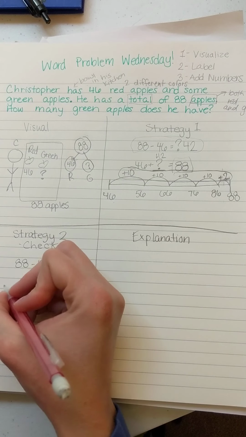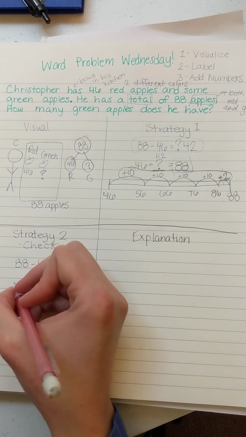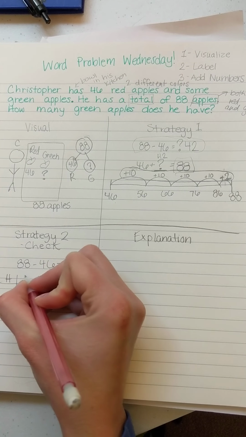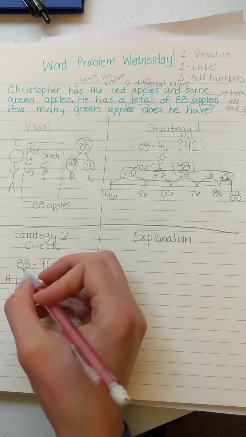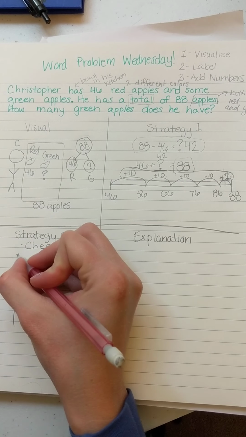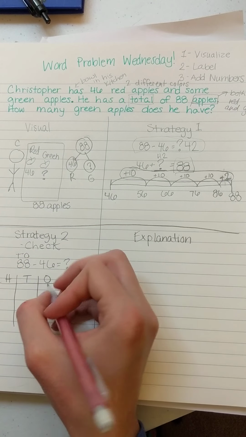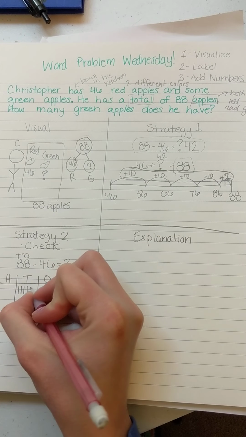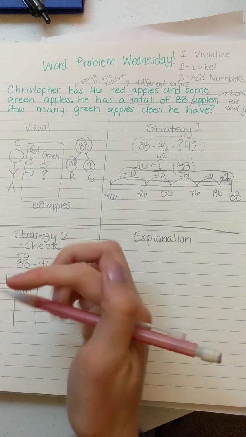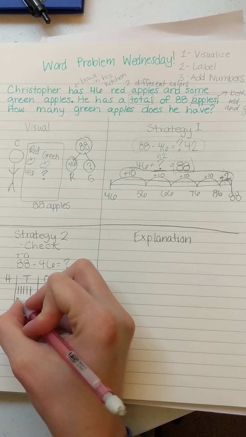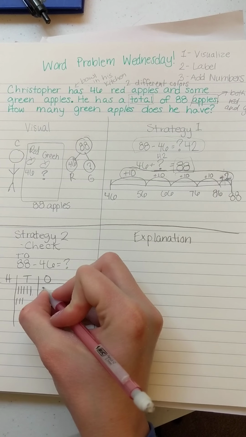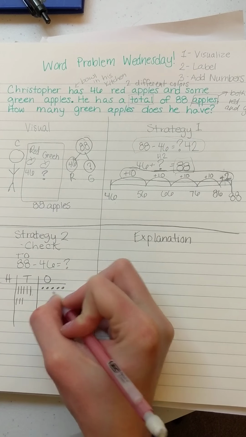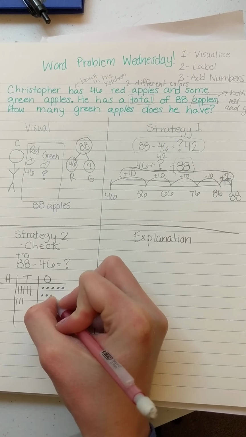So I would start with 88 in my place value chart, hundreds, tens, and ones. 10, 20, 30, 40, 50, 60, 70, 80, 81, 82, 83, 84, 85, 86, 87, 88.